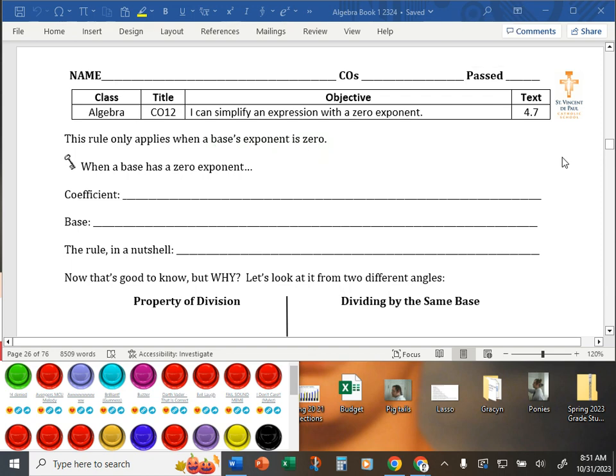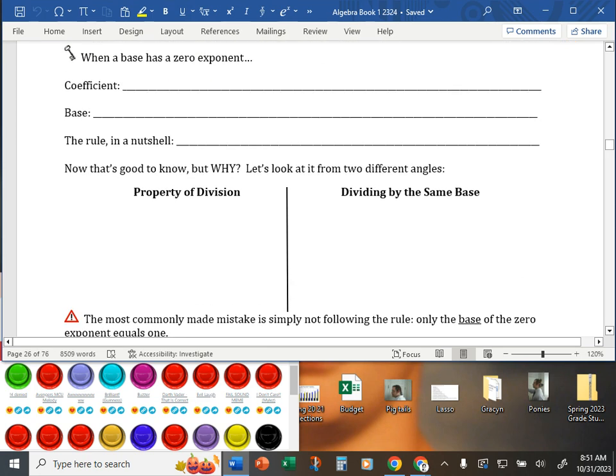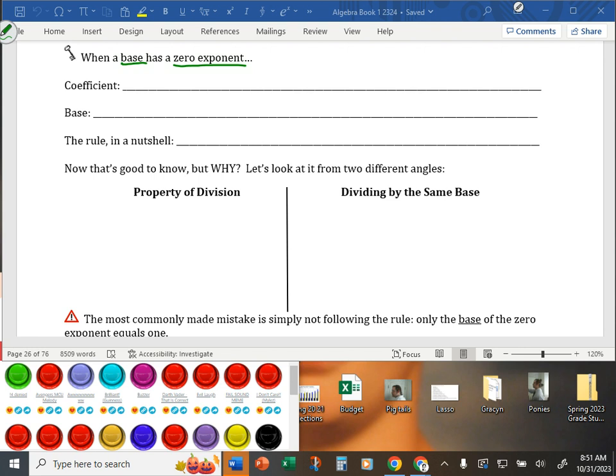There's no real expanded form for this just because the power is 0. It's a little bit different situation. So when a base has a 0 exponent, is the coefficient affected by the exponent? No, it is not.